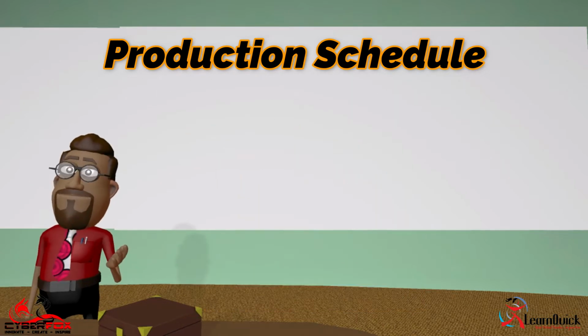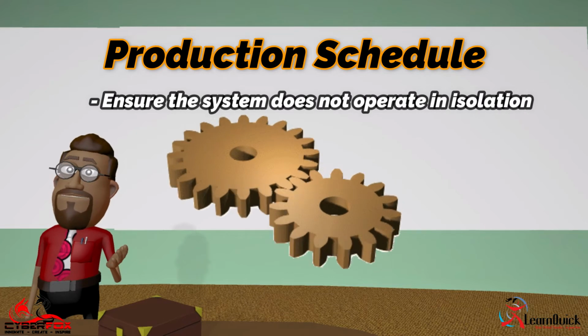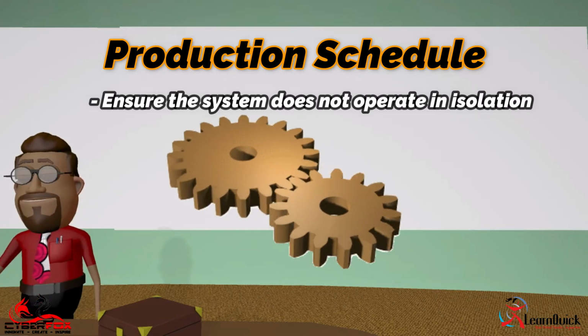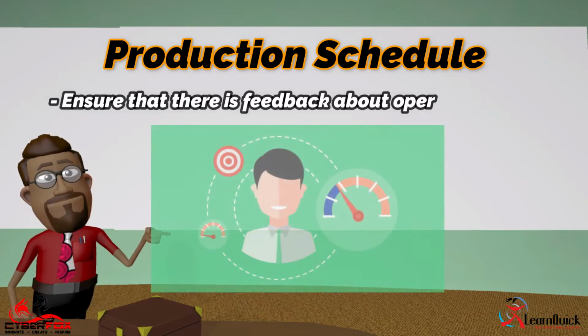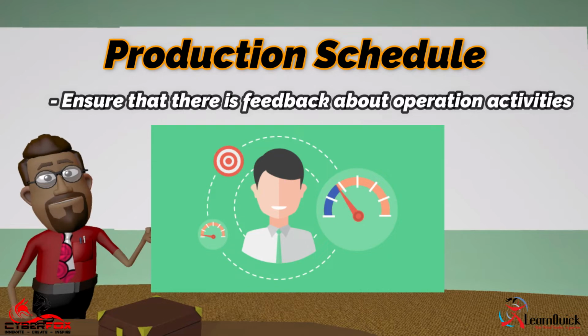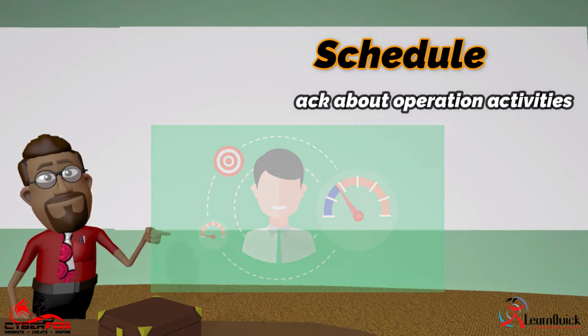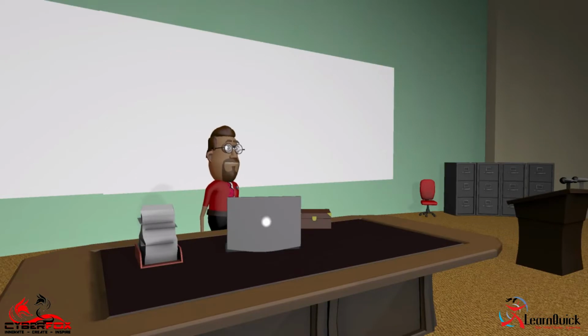The third point is to ensure that it does not operate in isolation from the rest of the organization's system. The last point is to ensure that there is feedback about the activities, which is quite useful to control and improve the performance of the system. I believe we are on the same page now, so we can look at the next 4 functions.